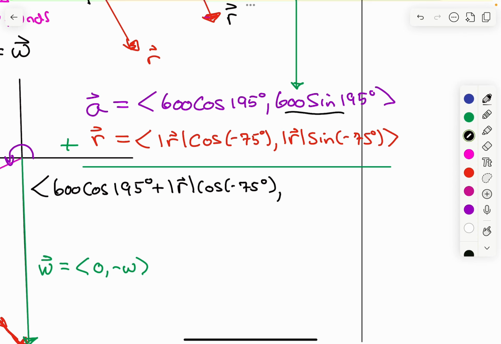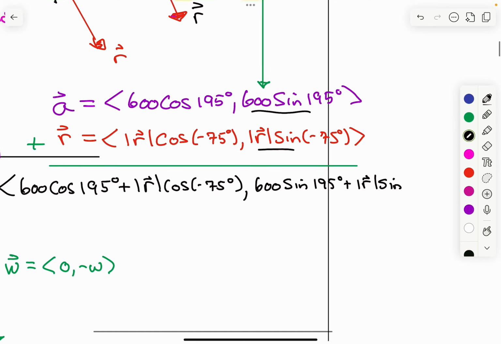And then when I add these, I get 600 sine of 195 degrees plus the magnitude of R sine of negative 75 degrees.